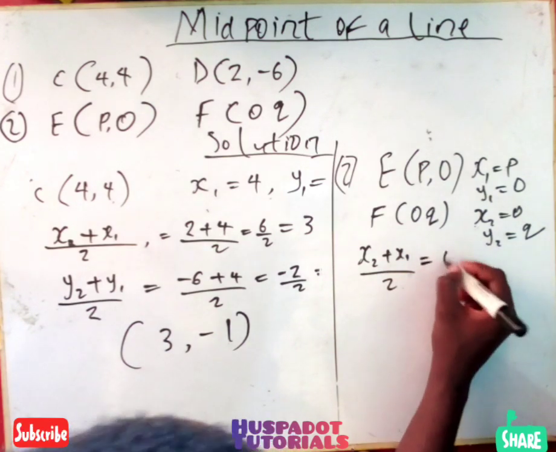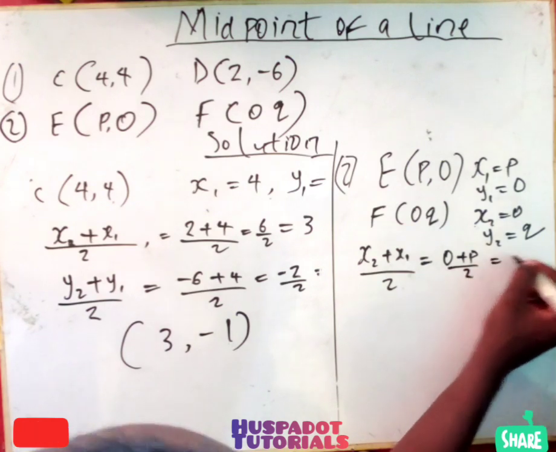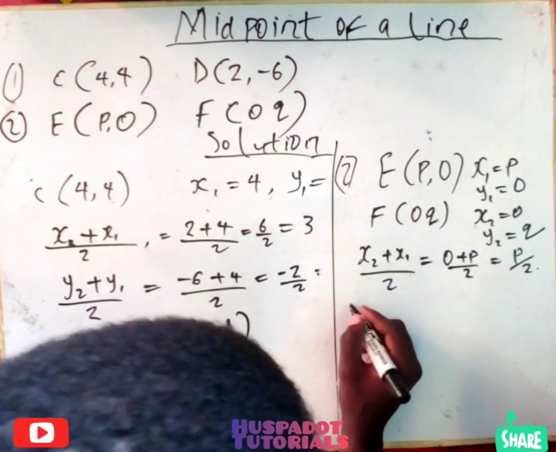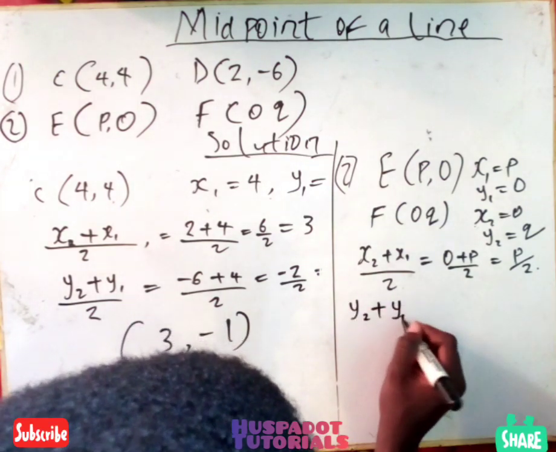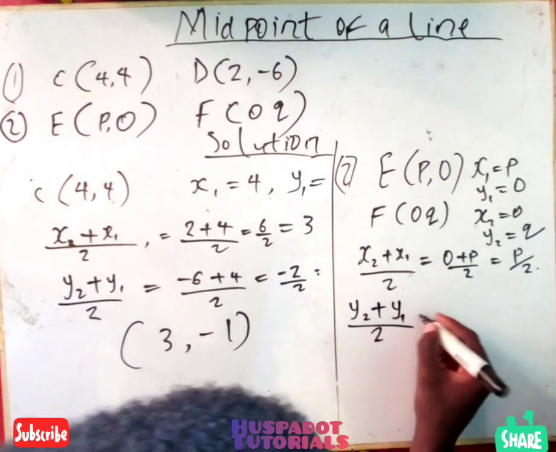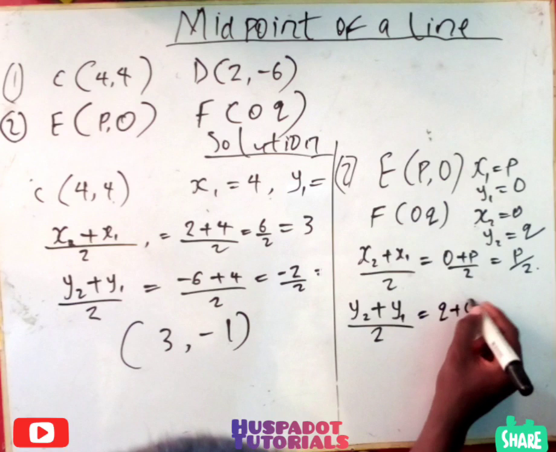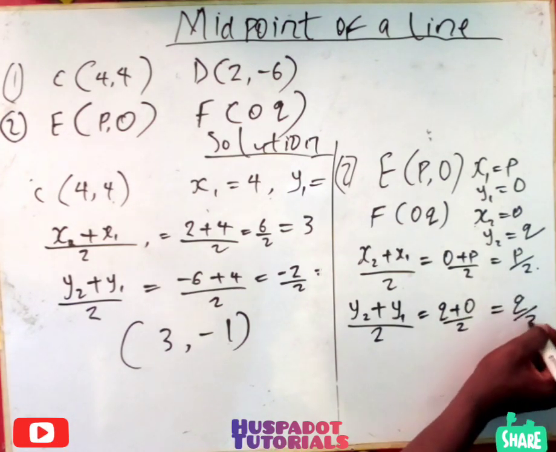This is the same thing as 0 plus p over 2, and that is p over 2. Then on the y-axis, we have y2 plus y1 over 2, and that is q plus 0 over 2, which is q over 2.